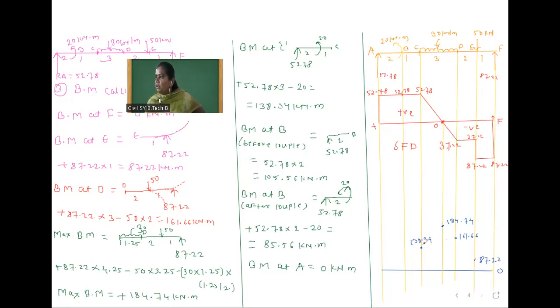At B point, the value is 105.56, and after that 85.56, near about this 87. And at A point, bending moment is 0.